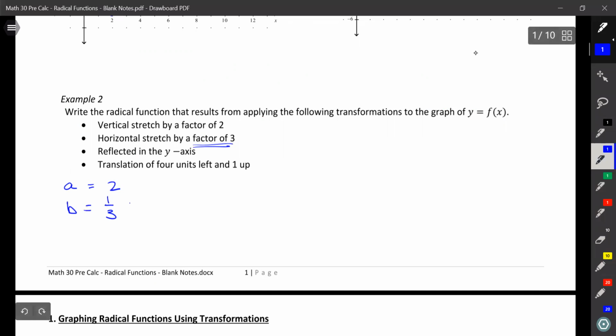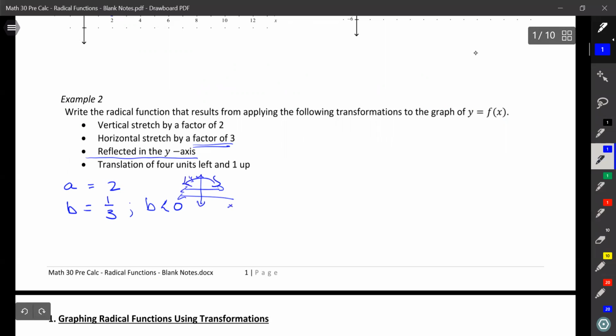And we have to remember that b has to be less than 0 because of our next point right here. It's reflected in the y-axis. That means that it has a horizontal reflection. It's going this way. It's reflecting horizontally over the y-axis, not the x-axis.